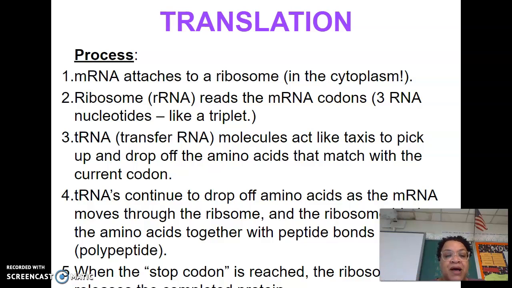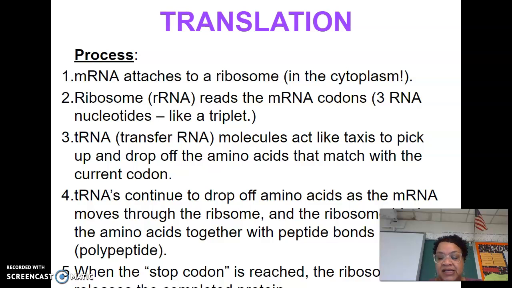The ribosome binds the amino acids together with peptide bonds. So far we learned about 3 different types of bond. Hydrogen bond is a weak bond, covalent bond is a strong bond, and a peptide bond is the type of bond between the amino acids. When we reach the stop codon, and I'm going to go over that, the ribosome releases the completed protein.